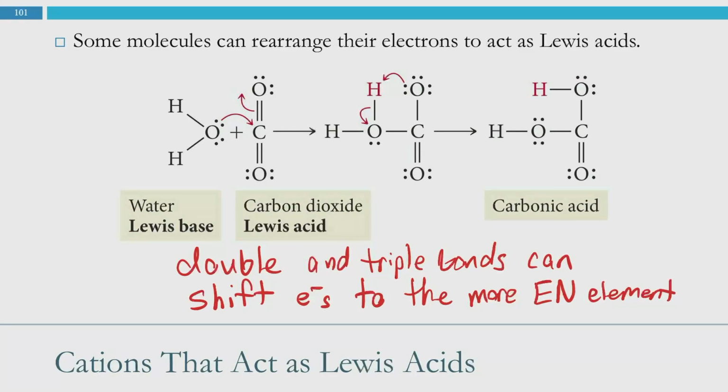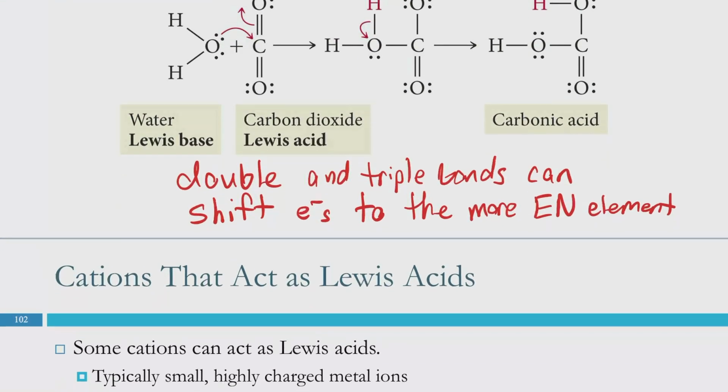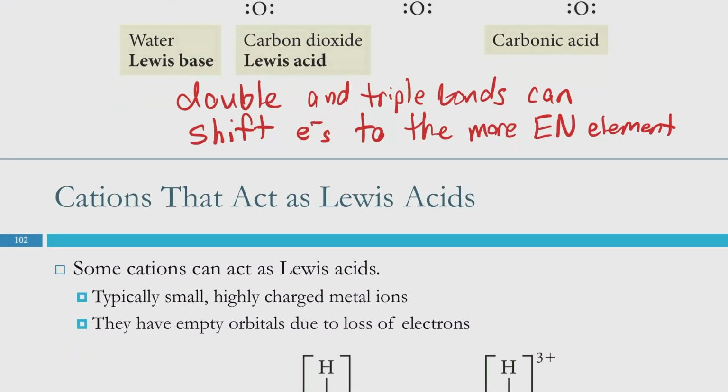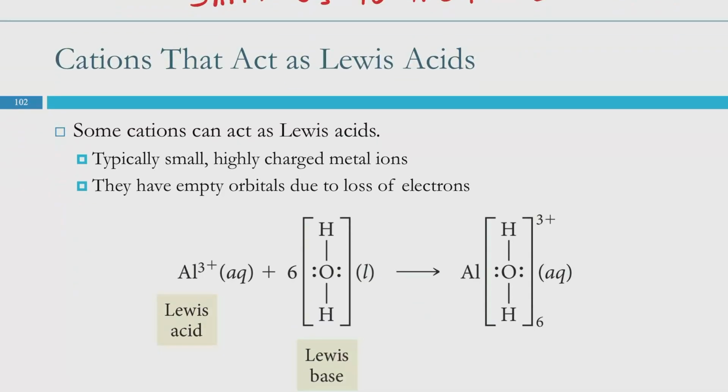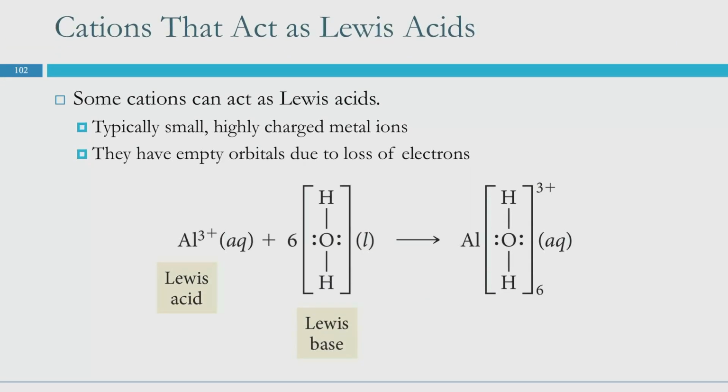And when carbon dioxide dissolves in water, it does actually form carbonic acid. It can also go the opposite direction, go back. Where I think the Lewis definition is really helpful is that we looked at small, highly charged metal ions, and we talked about how those can make solutions acidic.